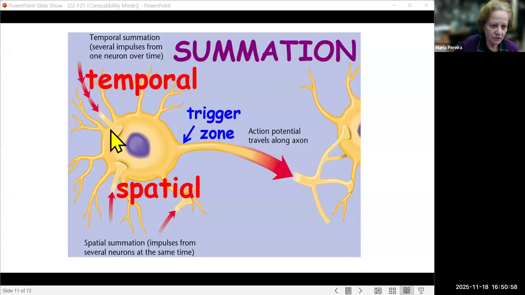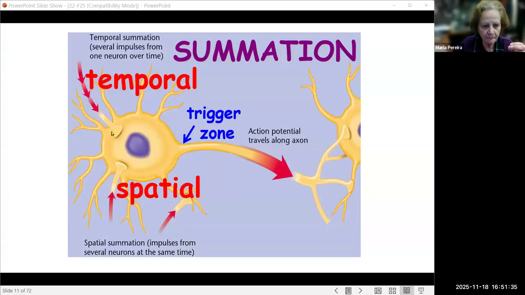Focus here. You see here many different axon terminals. Now, envision a scenario where this axon terminal will repetitively release neurotransmitter. It's the same axon terminal, but the stimulus is going to be very frequent. It's like a jackhammer. Each time you're going to release a little bit of neurotransmitter.